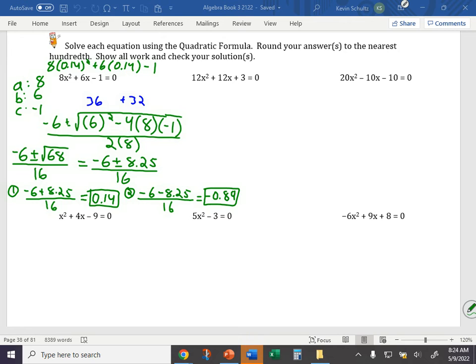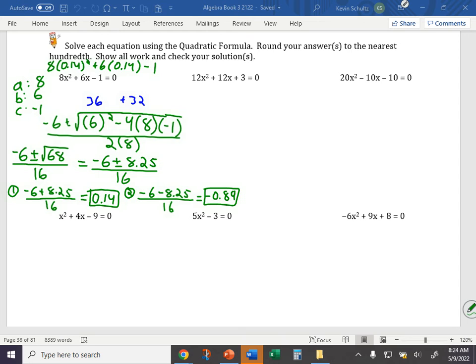If you use a rounded answer back in the original equation, you'll get really close, like 0.02 or maybe 0.1. It won't be exactly 0. If you get something like 2, that's not close enough. It'll be very close to 0, and that's how you can check that you are correct. Okay? Questions on the quadratic formula?